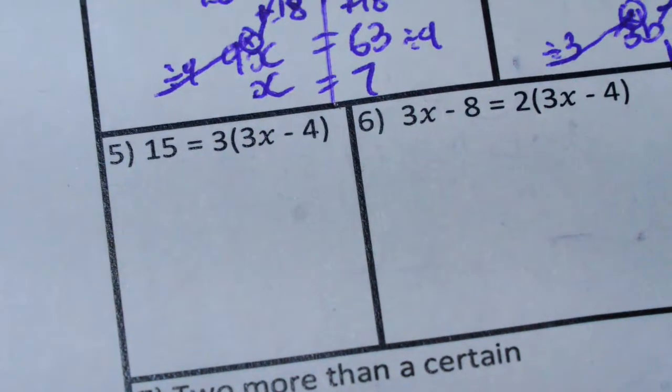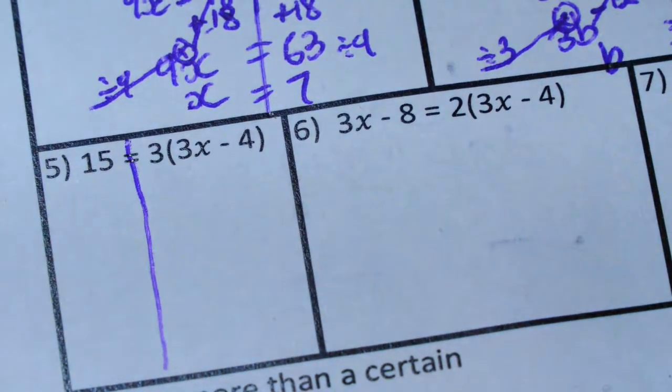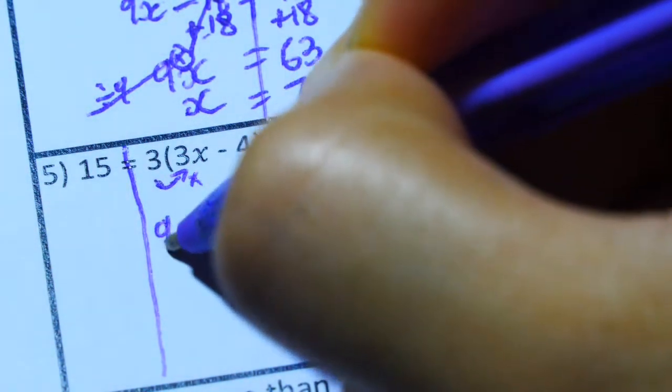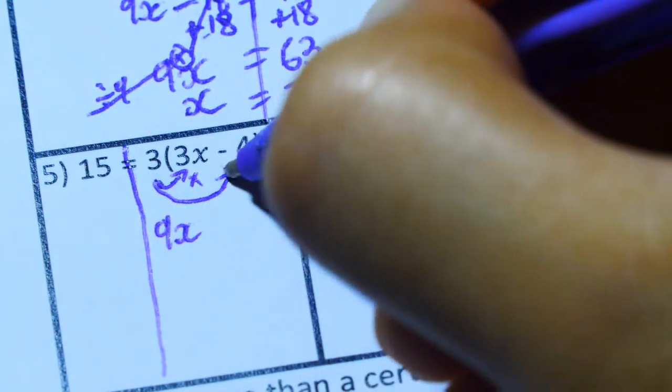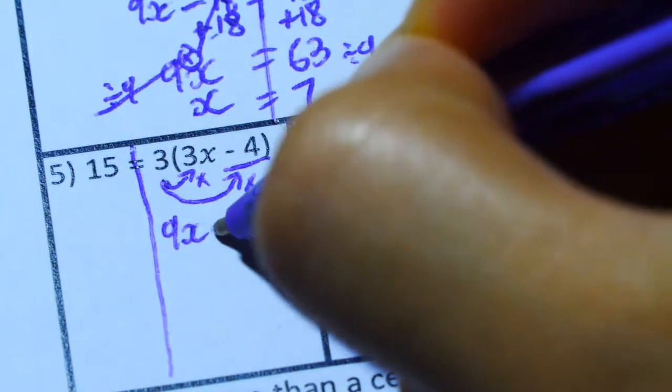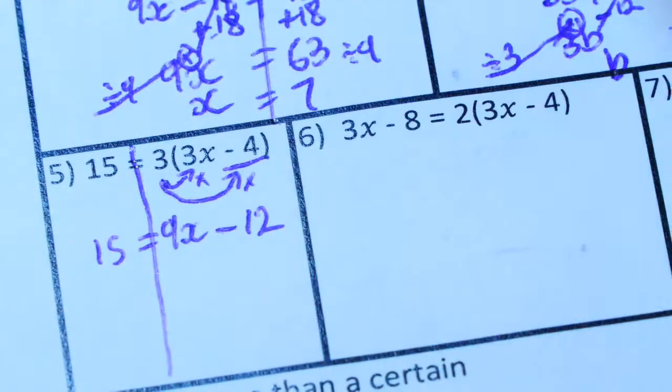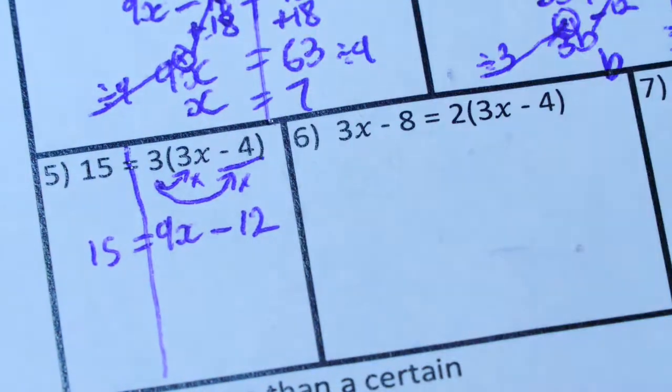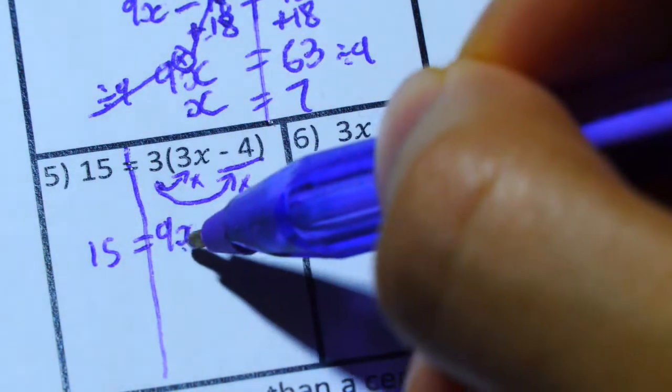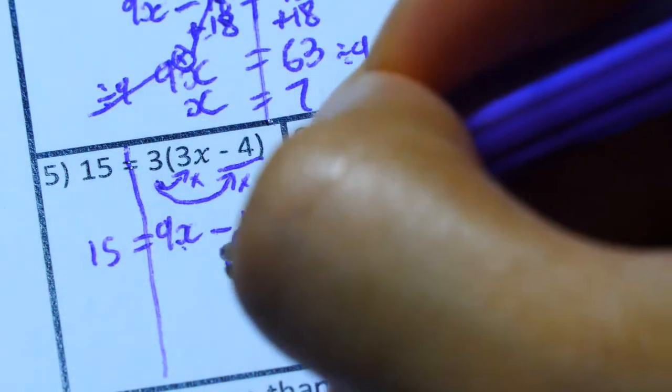Question 5. Same thing again. We look on this side, we have brackets, so we need to remove these brackets. 3 times 3x, 9x. 3 times minus 4 is minus 12, equals 15. Where is our x? Our x is here, so we need to remove this minus 12 first.